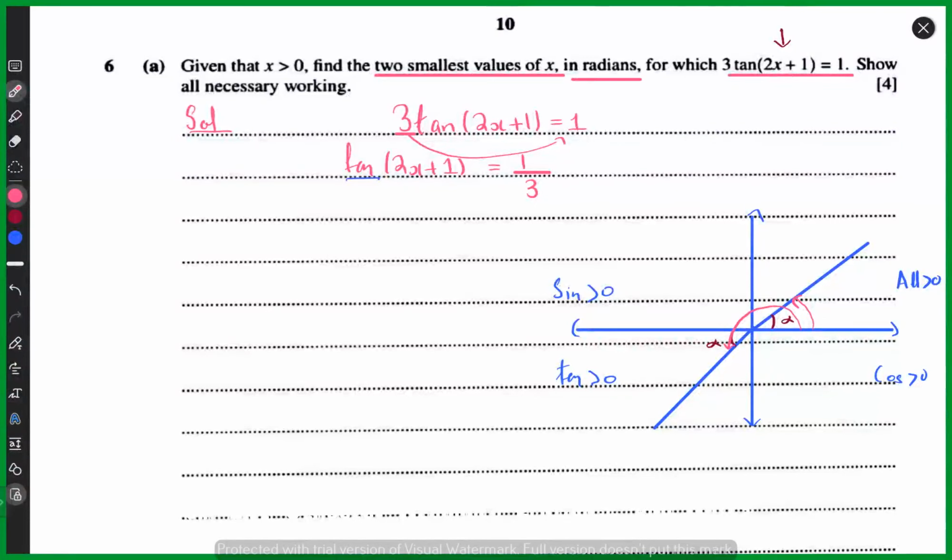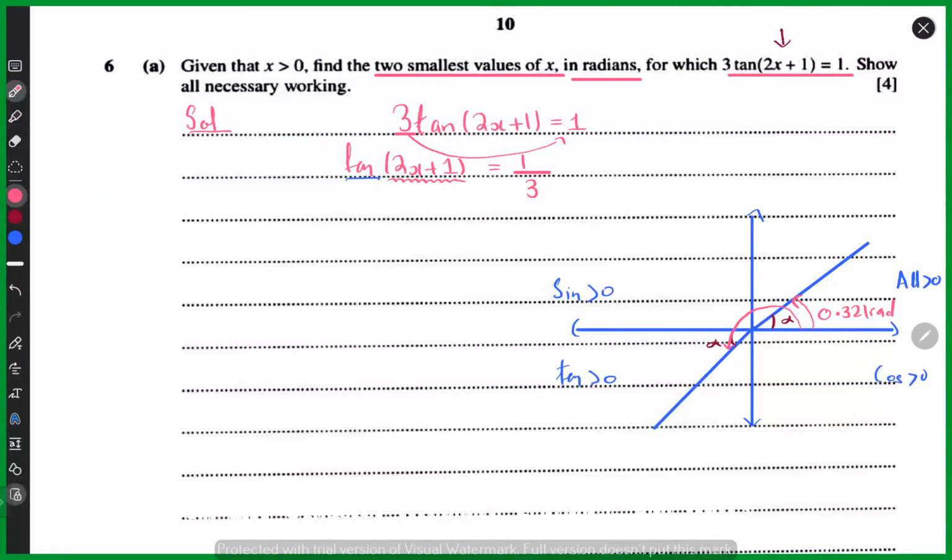And this is going to give you 0.321 radians. Okay, now the 0.321 radians is what? This is the value of 2x plus 1, whatever you have over here.